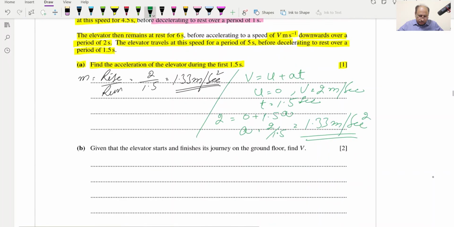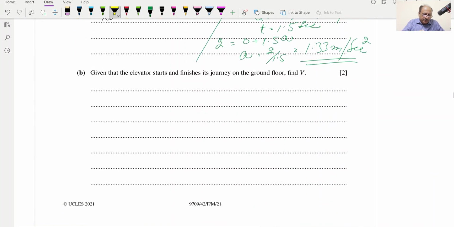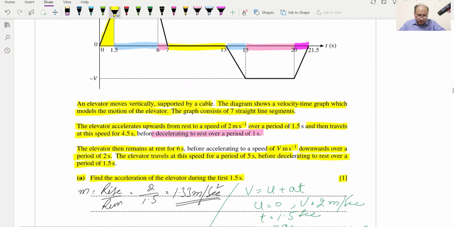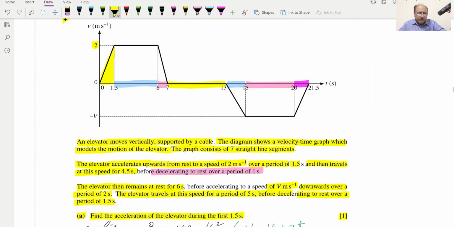Hopefully you understood. Now B part. B part says, given that the elevator starts and finishes its journey on the ground floor, find V. So velocity is required. For velocity, we can compare the areas, and this is the area for this upper portion.